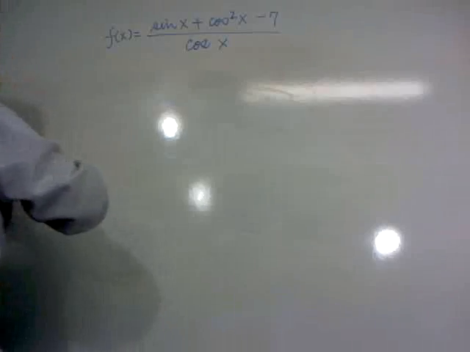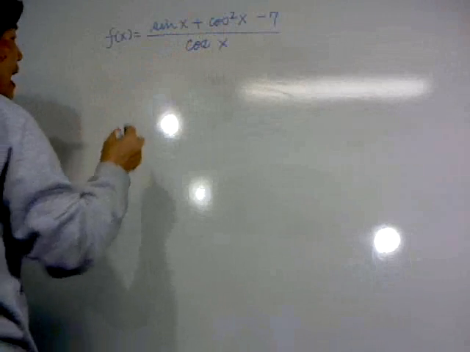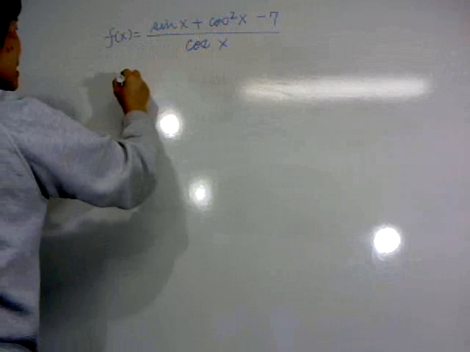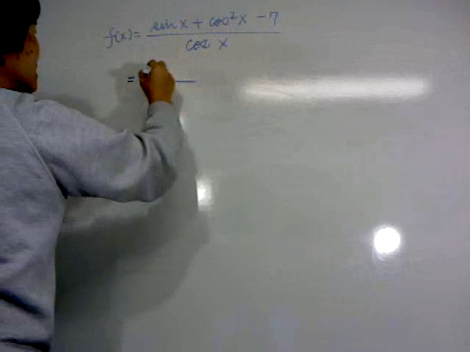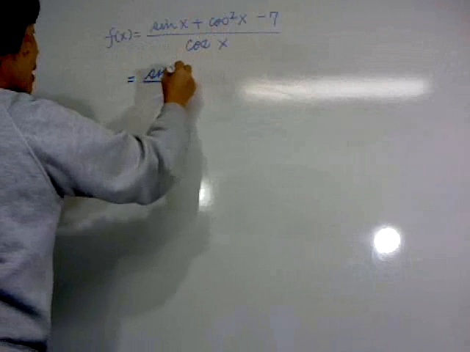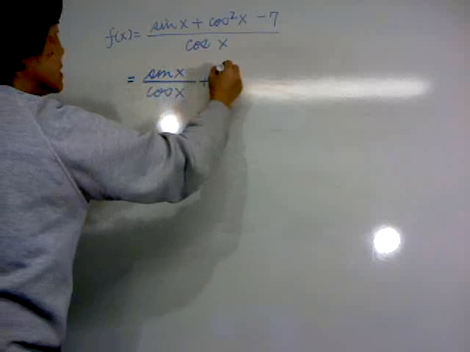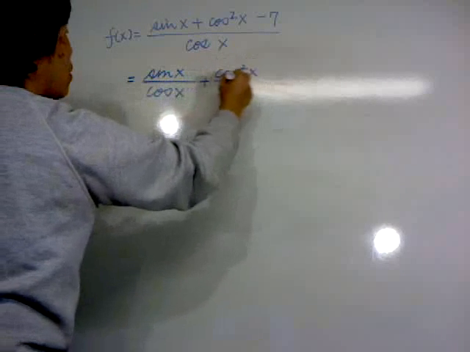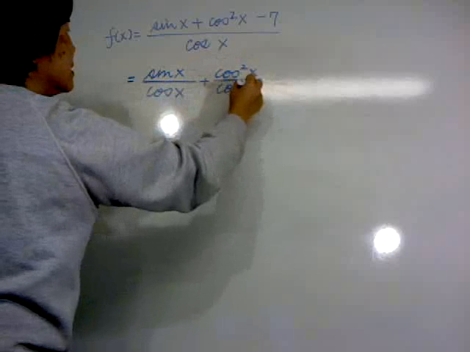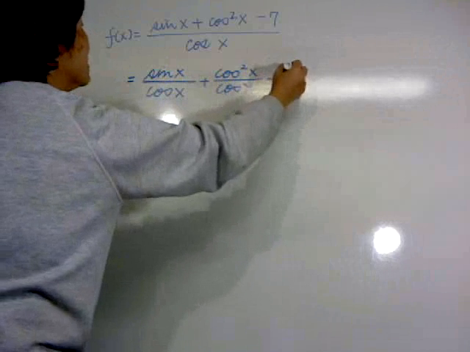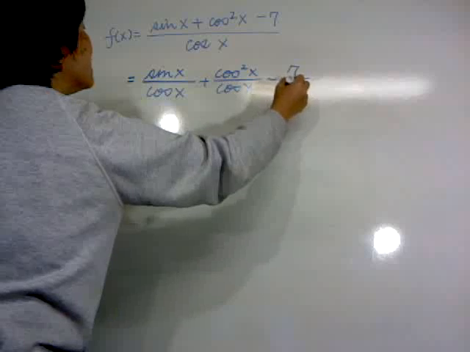We have 3 terms in the numerator and the denominator is cosine x. So can you say this is sine x over cosine x plus cosine squared x over cosine x minus 7 over cosine x.